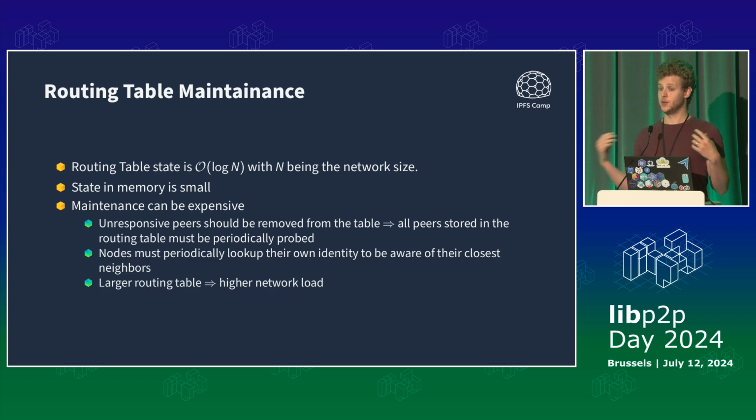If nobody knows me, then nobody can be routed to me. So it's very important for peers to know their closest neighbors. It also means that, because of this maintenance, the more state you keep on a node, the higher network load you're going to end up having. So you want to reduce the state that you keep to a reasonable amount.